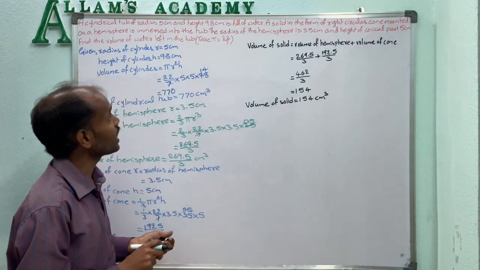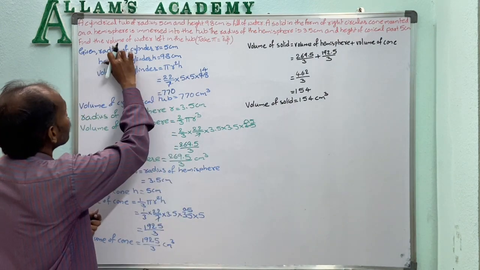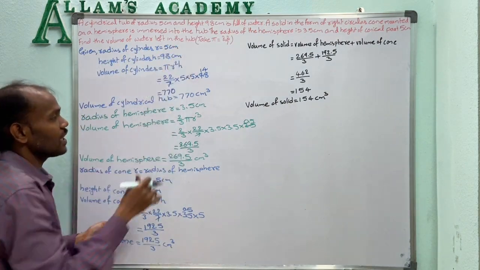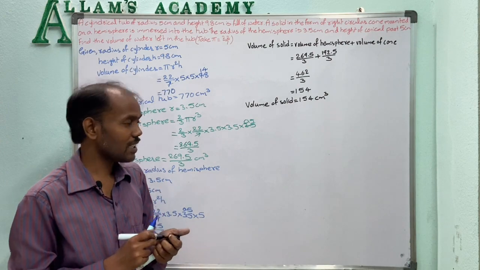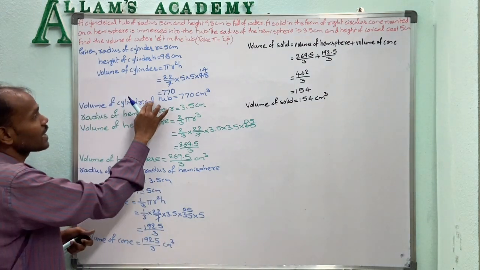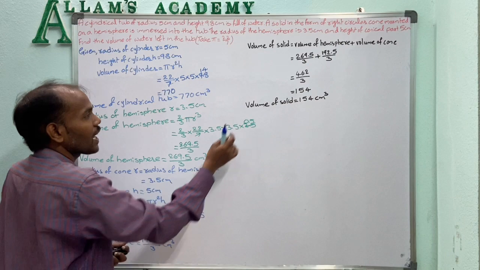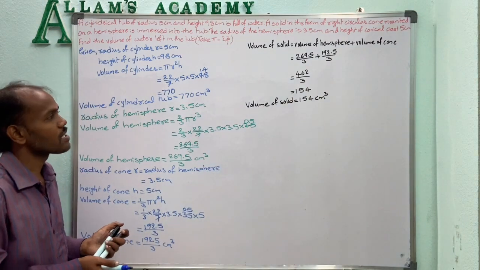Okay, but here we want to find the volume of water left in the tub, so from the cylindrical tub we subtract the volume of solid.